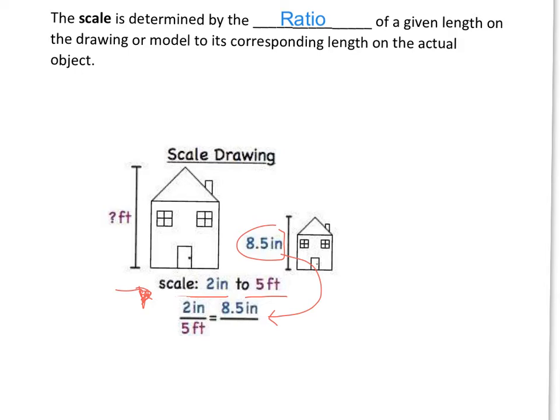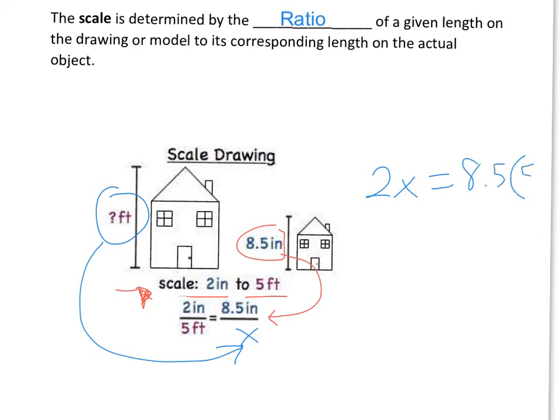But we need to know how many feet it will be in real life. So we are actually looking for this part right here. And we set up the proportion. And the way we would solve it is how we would typically solve proportions. You use cross product. So we can multiply 2 times x, which is 2x, equals 8.5 times 5.